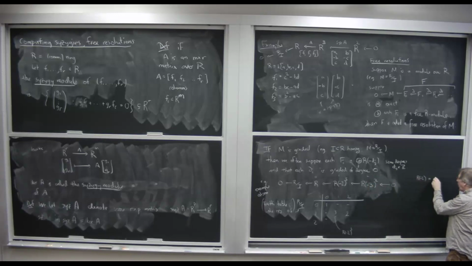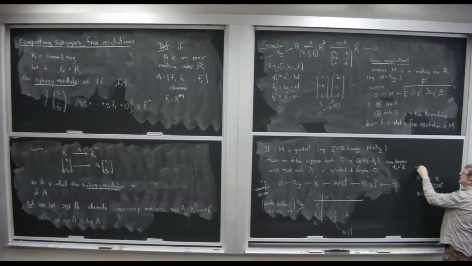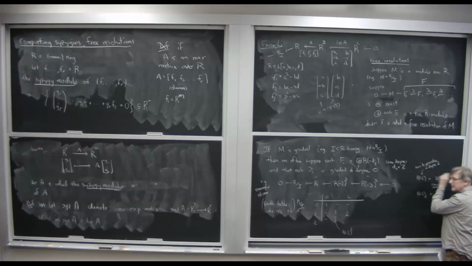So this is equal to R, except that the generator of this is in degree 2, not degree 0. So -2 means the generator is in degree 2.